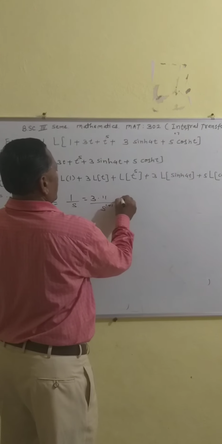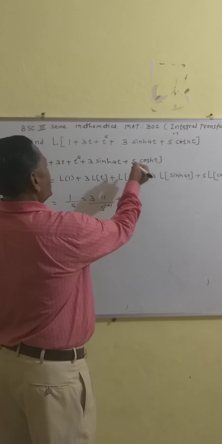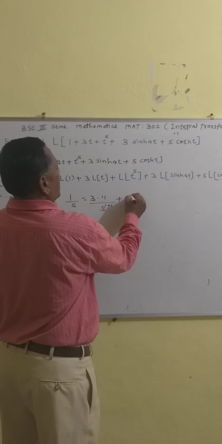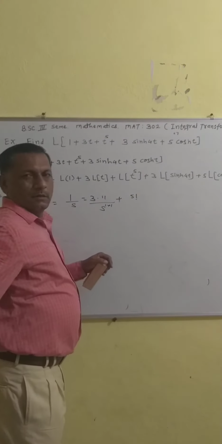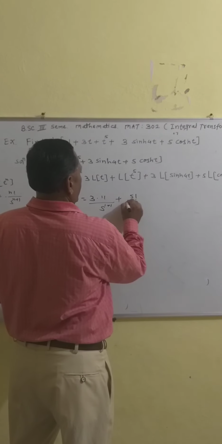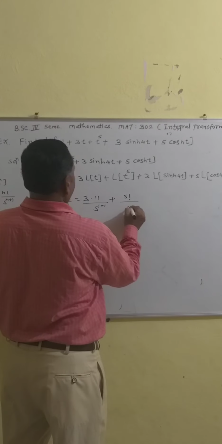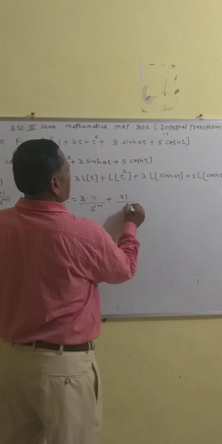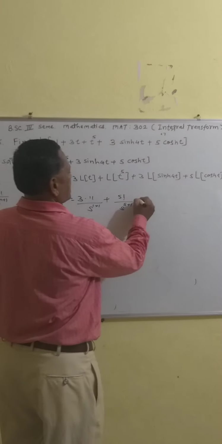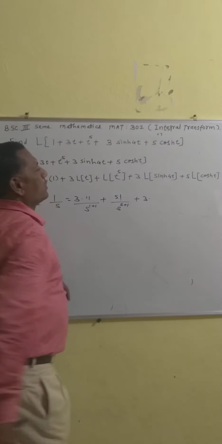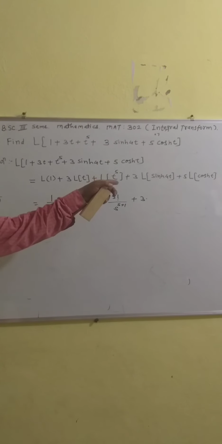Then plus, n is 5, factorial 5 upon s raised to 5 plus 1, then plus 3 into sinh 4t.